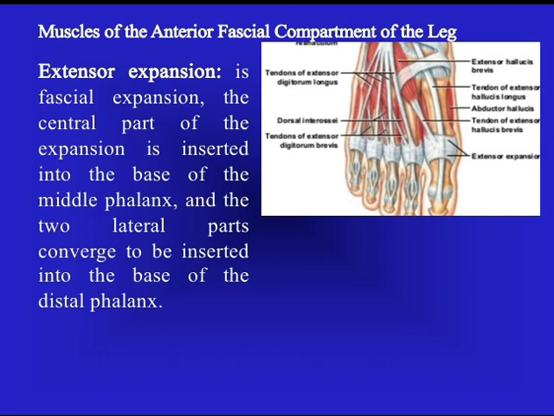This is the extensor expansion. It gives attachment to the extensor tendons. All extensor tendons: extensor digitorum longus, extensor digitorum brevis, extensor hallucis longus and extensor hallucis brevis, are attached to the extensor expansion.